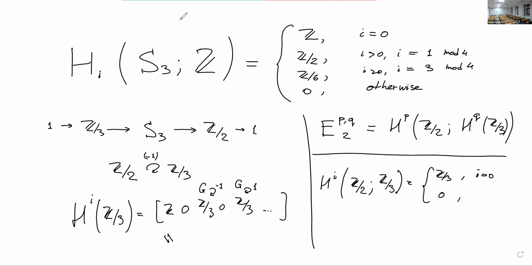Okay, so now we have calculated the homology groups of Z2 with trivial coefficients, and it's also right, the homology with Z coefficients, which is basically the cohomology of RP infinity. We know the answer, let's write it down.